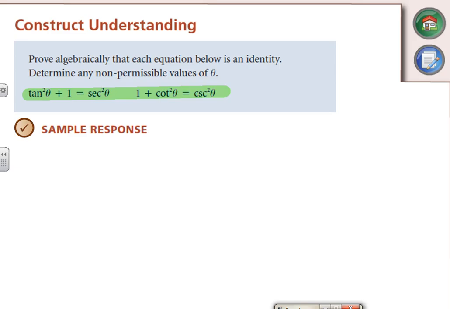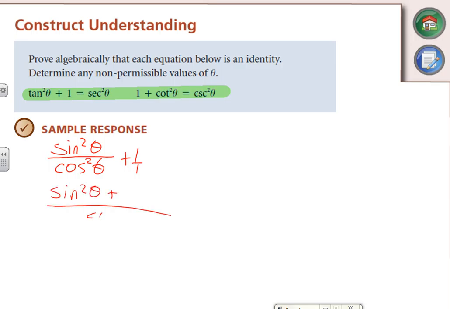So tan squared plus 1, that's the same as sine squared over cos squared plus 1. Well, we've got two fractions. Hey, that's like over 1. Let's get a common denominator. So sine squared theta plus, well, this one we've got to multiply by the common denominator.